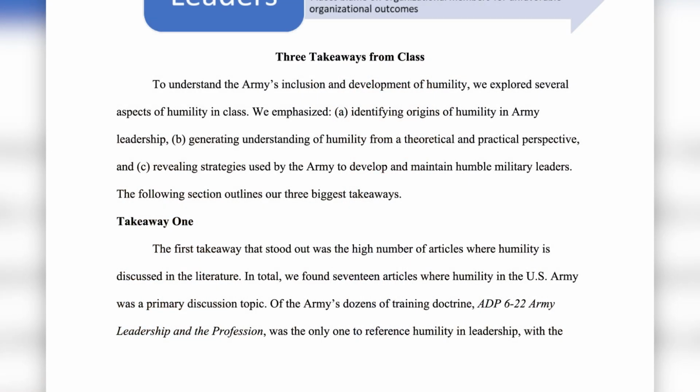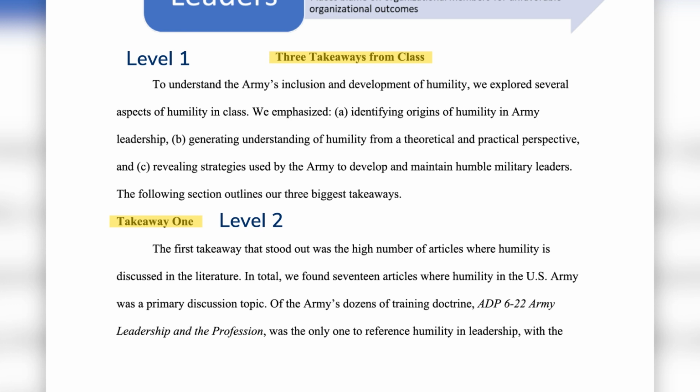So if we're taking this paper on developing humility in leaders and moving into our discussion about our takeaways, we might create a header titled 3 Takeaways from Class, which as a level 1 header is centered and bolded with the first letter in each word capitalized. We introduce the topic and then move down into our level 2 headers, which are subsequently left aligned and still bolded and capitalized.